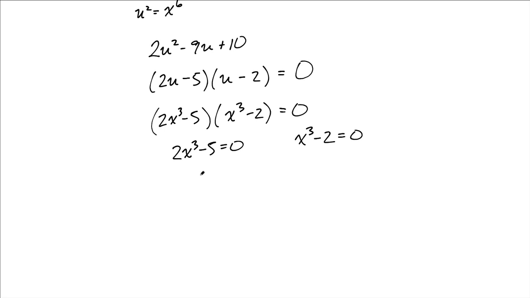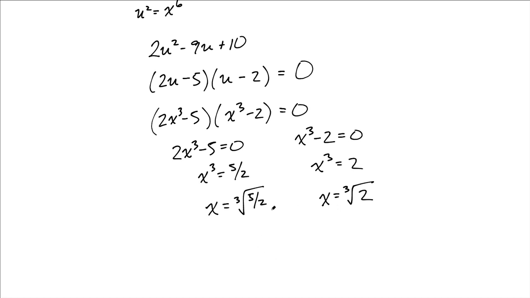And we can solve each of these. We can add 5 and divide by 2. And here we can add 2 and then take the cube root. So here we get x equals the cube root of 5 halves. And here we get x equals the cube root of 2.